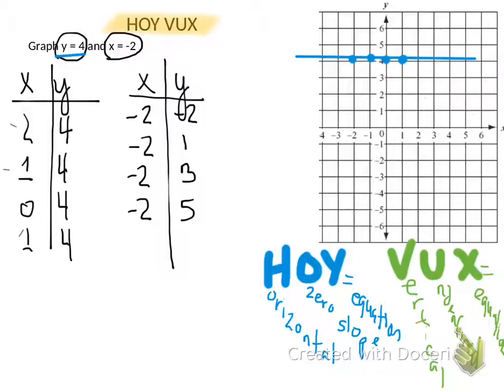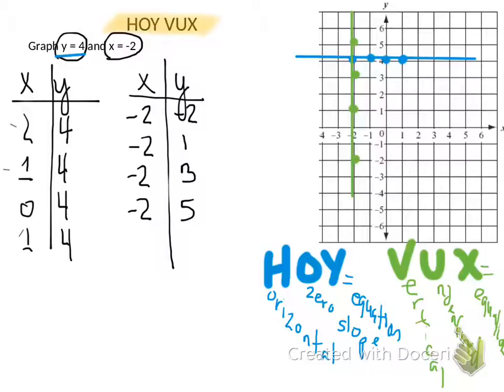So we go -2, -2, -2, 1, -2, 3, -2, 5. And so in this case, the x value is always equal to -2, and we get a vertical line.